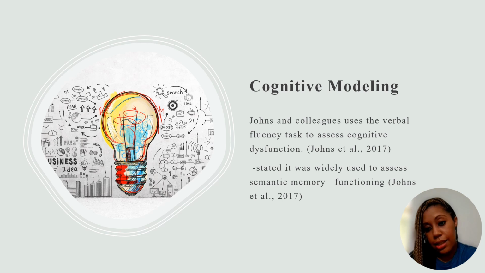He stated that this was widely used to test for semantic memory functioning. With this one, you would group items together, and after a delayed time, you would recall items in those groups verbally, just to test your cognition.